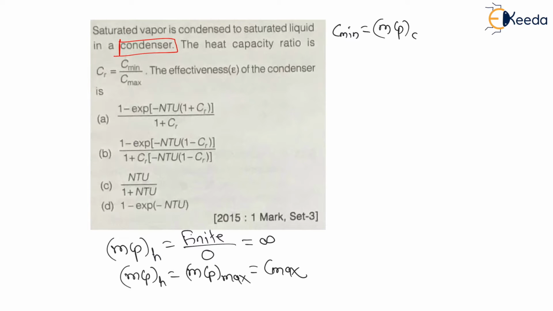Therefore, this capacity rate ratio, which is nothing but CR, is C minimum divided by C maximum. And here C maximum is infinite. Therefore, C minimum divided by infinite will be equal to zero. Means this capacity rate ratio will be zero.